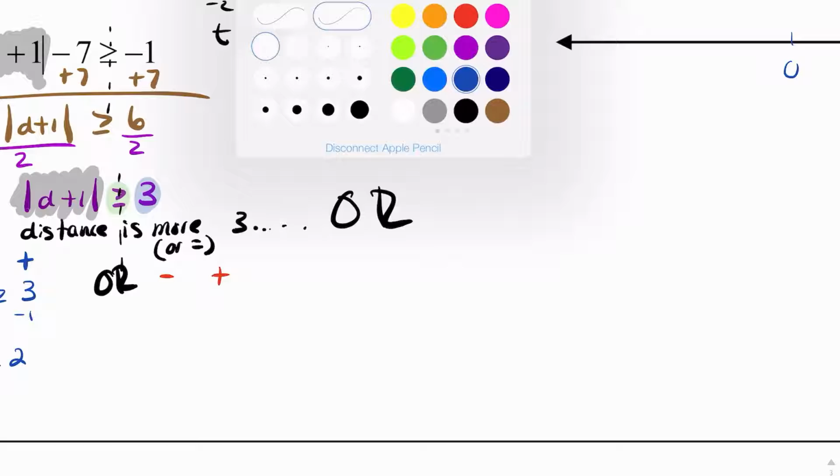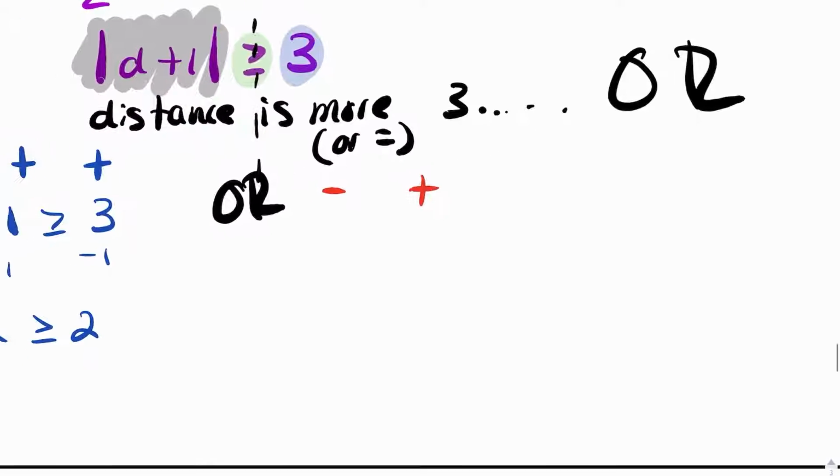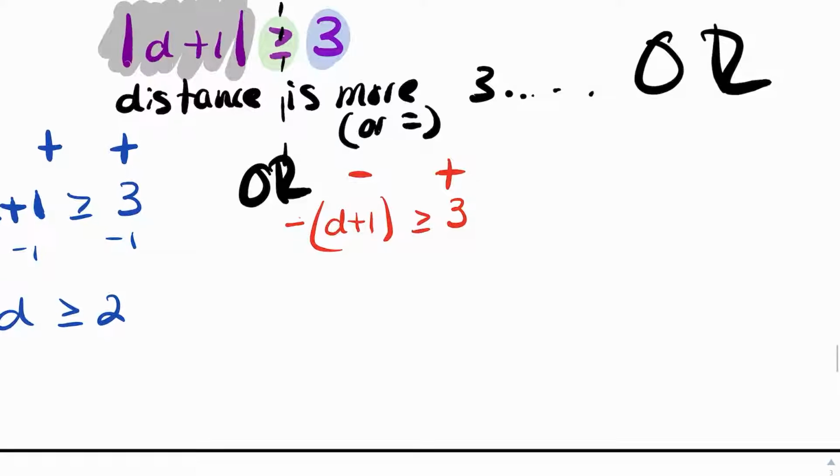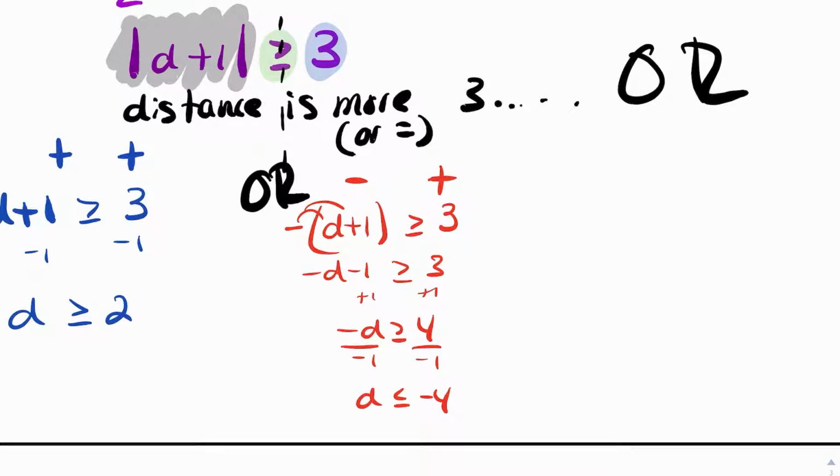Now for our negative version, we take the inside of the absolute value, put it in parentheses so we can take the opposite of everything, and then we keep the symbol and the number. So we'll distribute our negative, we'll add 1 to both sides. Now here I have to divide by a -1, so of course we know to flip the inequality symbol.